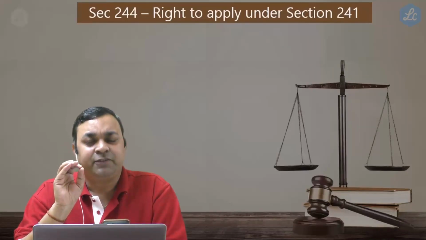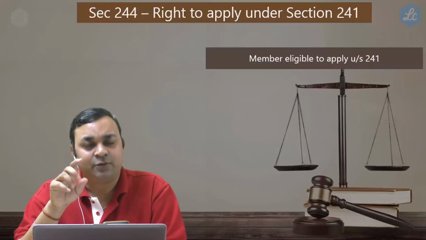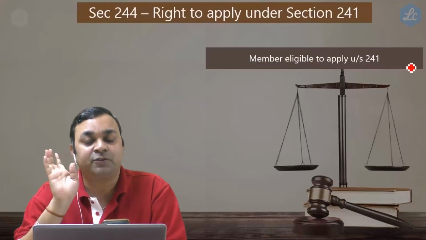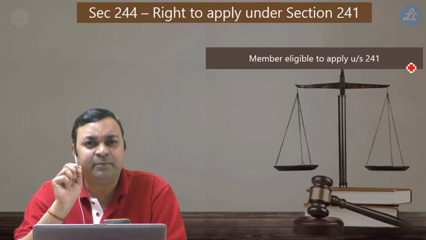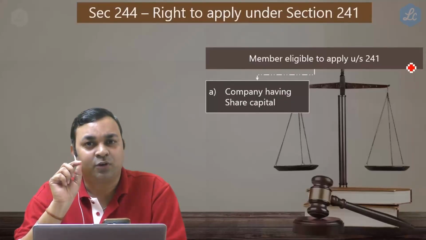For claiming relief, this section provides, I mean 241 and 244 provide, relief exclusively to members only. What is the meaning of member? We already went through the definition, Section 2, clause 55.